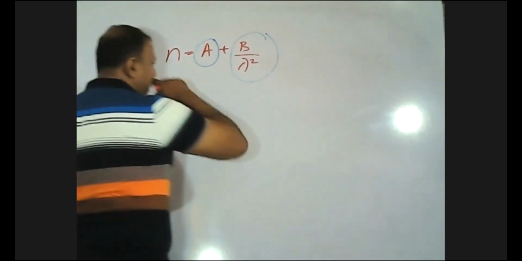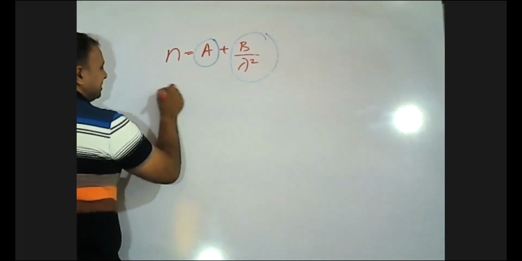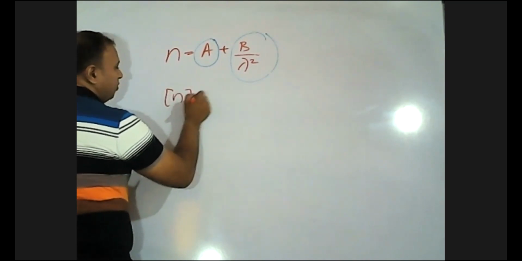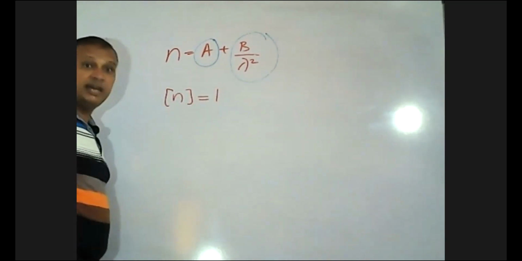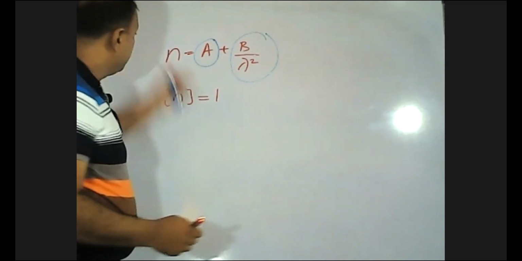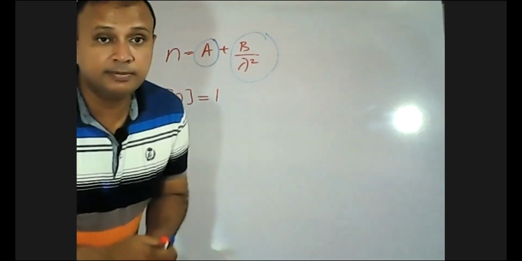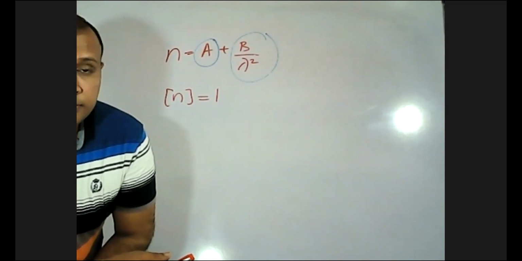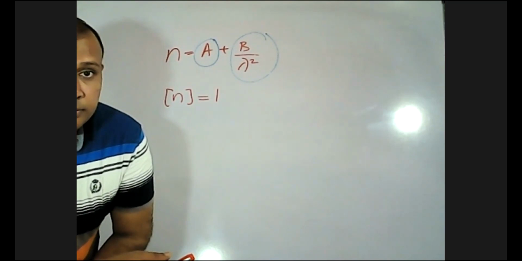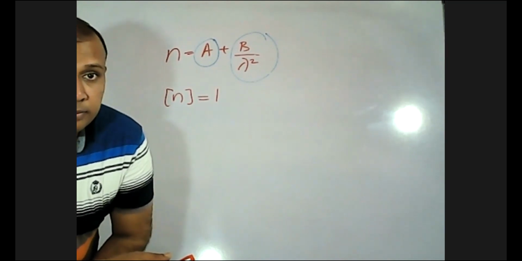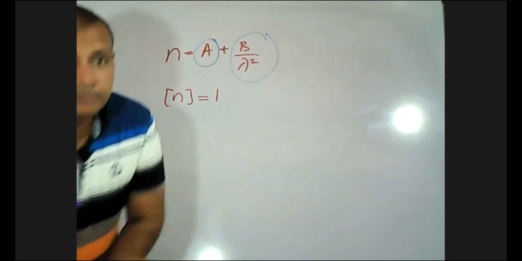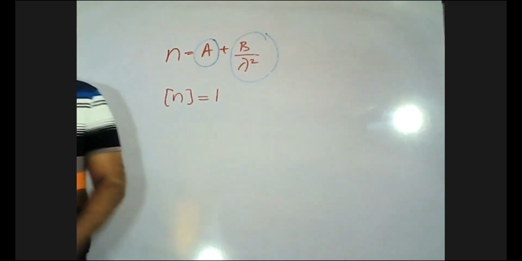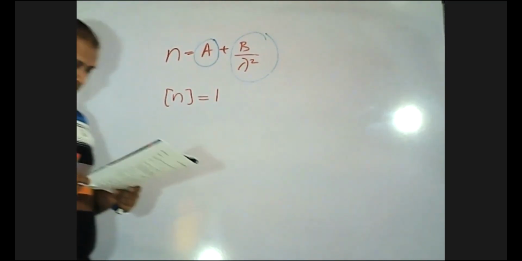That means, as n doesn't have a dimension, A does not have a dimension. Yes, very good.